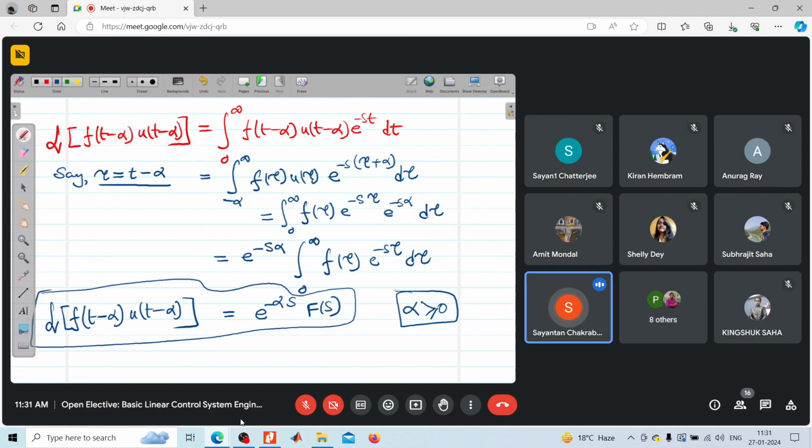So whenever you have this translation type of signal, f of t minus alpha, you have to accompany it with u of t minus alpha to ensure that the causality condition is always followed. Causality condition means here the origin has shifted from t equal to 0 to t equal to alpha, and before that there is no such signal available. Then you get a very important property. That's why I'm just recapitulating these things, and we'll be using this property throughout this course.